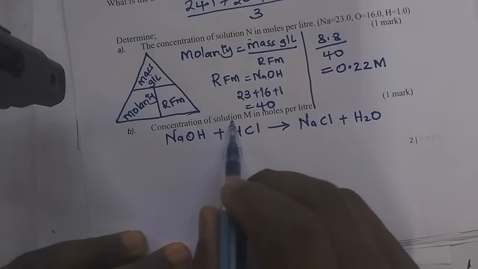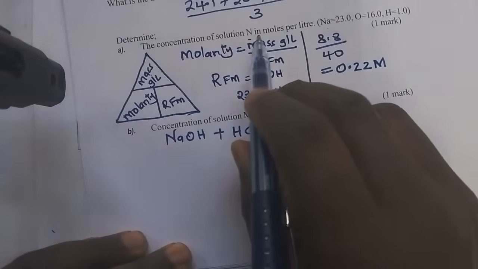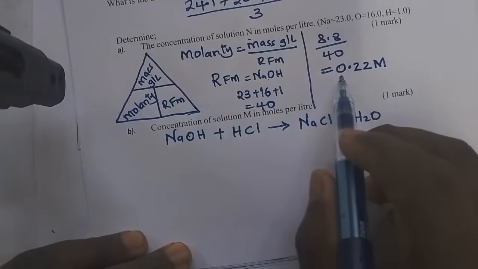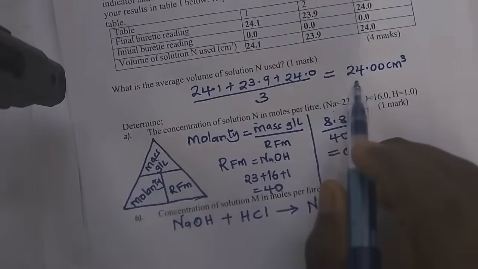Now we don't know the number of moles of N used, we only know the number of moles of N in 1,000. But we used 24 centimeters cube.